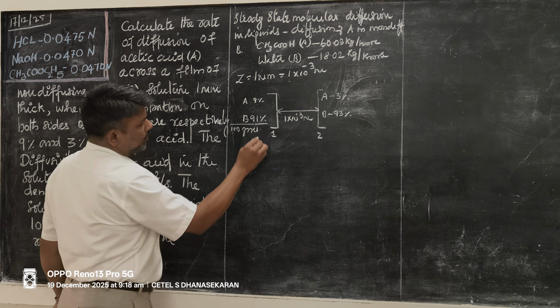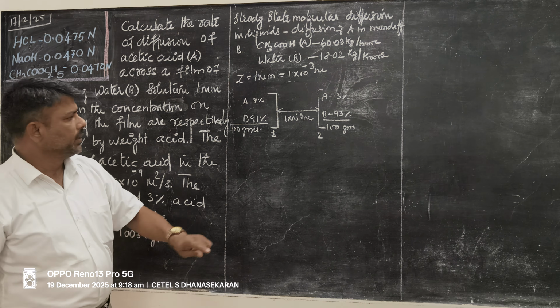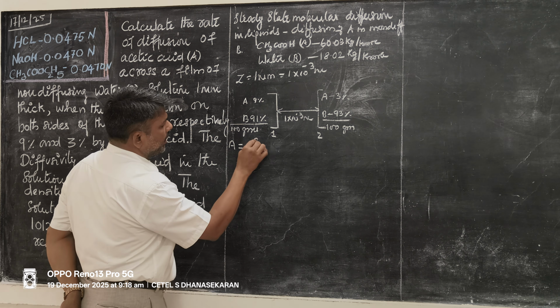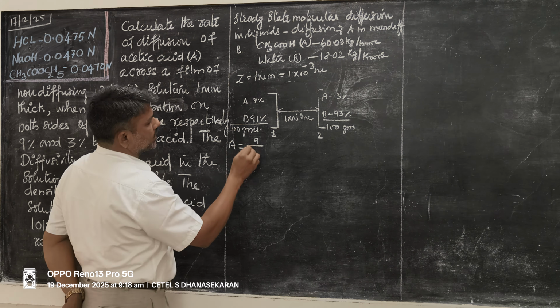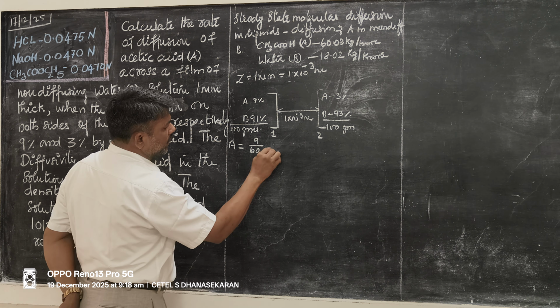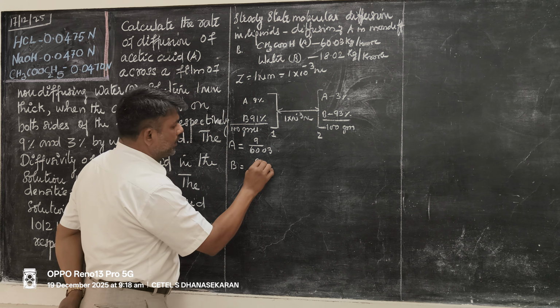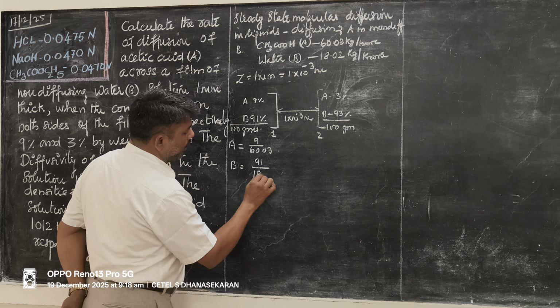So weight is known, molecular weight is known, and weight divided by molecular weight is mole. In section 1, moles of A is 9 divided by 60.03. For component B, 91 divided by 18.02.